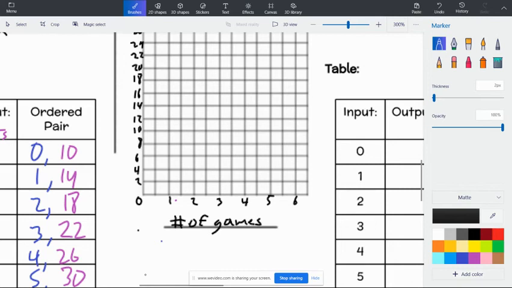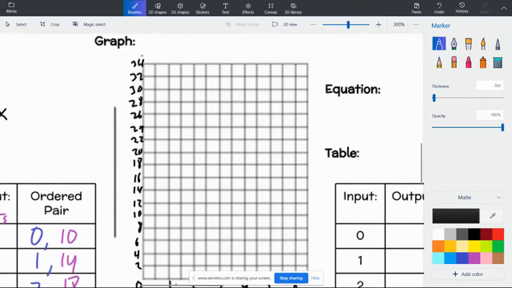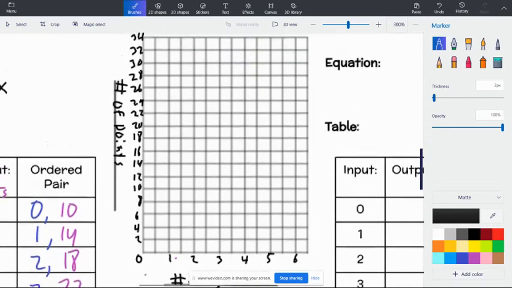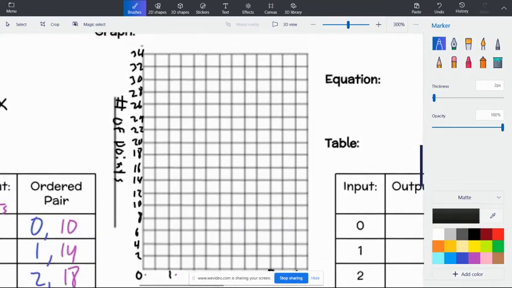Number of games. The y-axis, if you remember what we labeled that, what it represented, the output, was the number of points. So let people know exactly what we're doing with this, eliminating the confusion. So the number of games and the number of points.